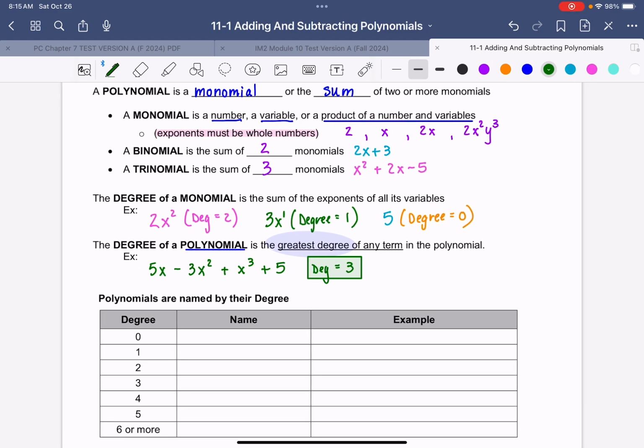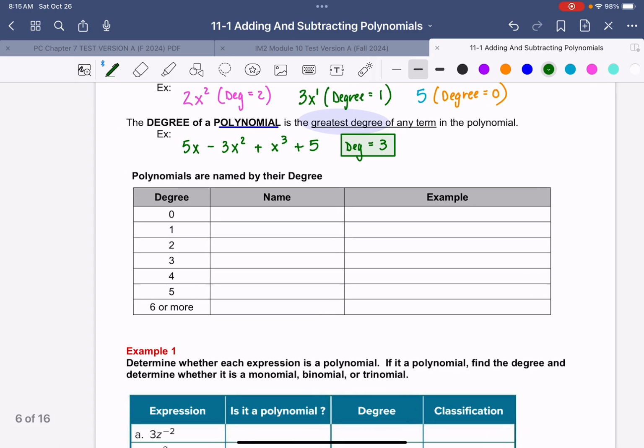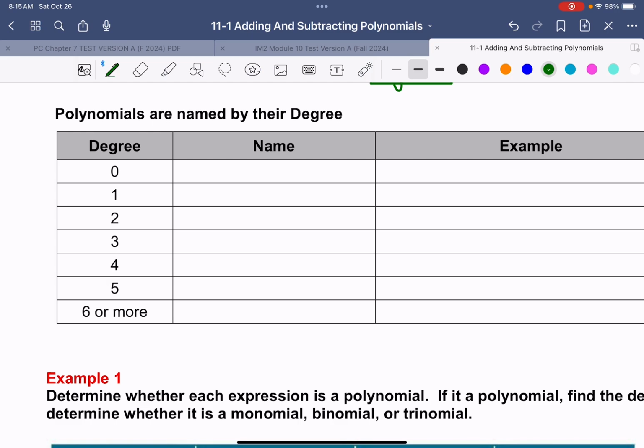All right, so we've discussed the degrees of monomials and polynomials. Now let's look at classifying a polynomial by their degree. Certain polynomials have names. You need to know these. So if I have a 0 degree, like we saw above, just a number, we call this a constant polynomial.